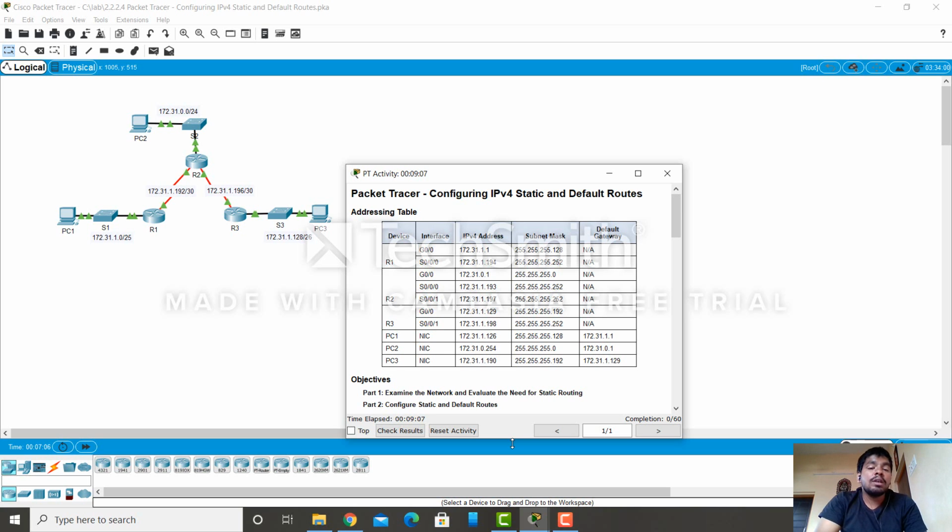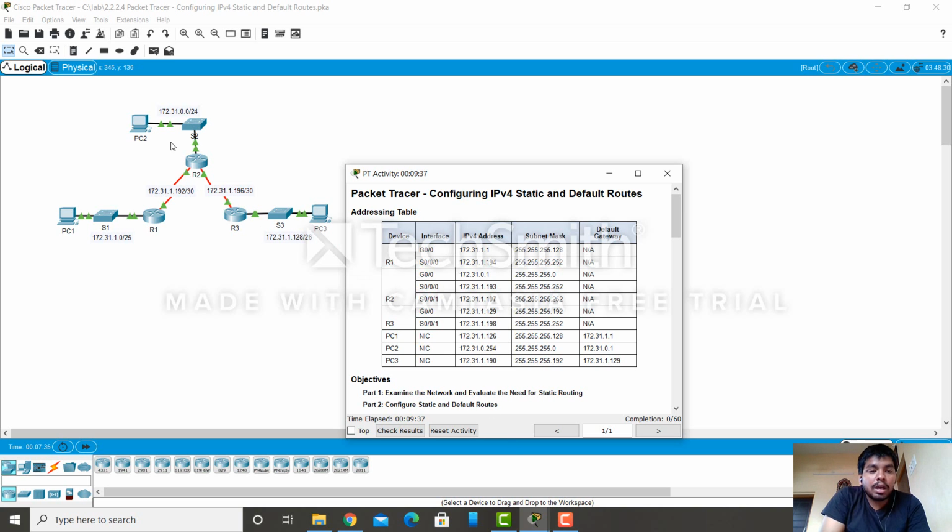And another interface S0/0/0, IP address 172.31.1.194, subnet mask 255.255.255.252, default gateway N/A.